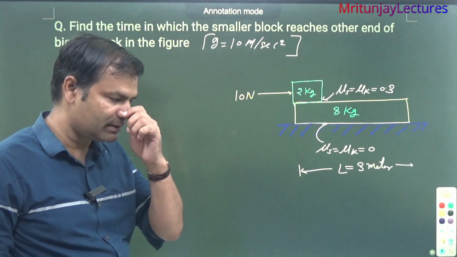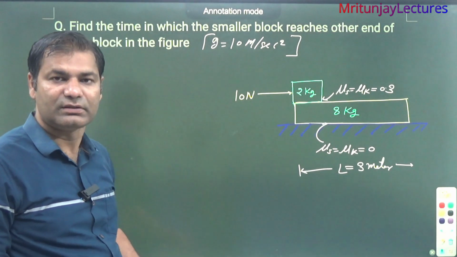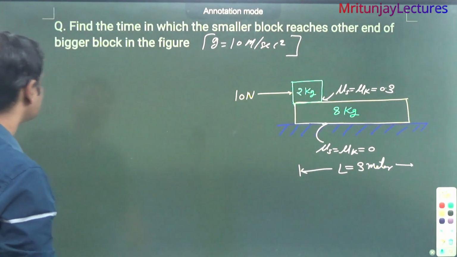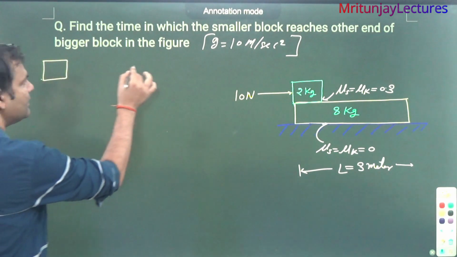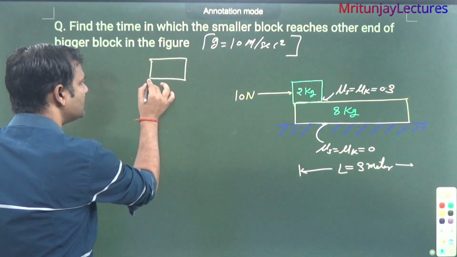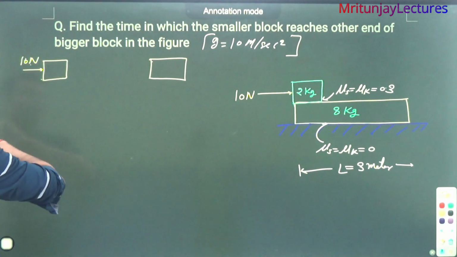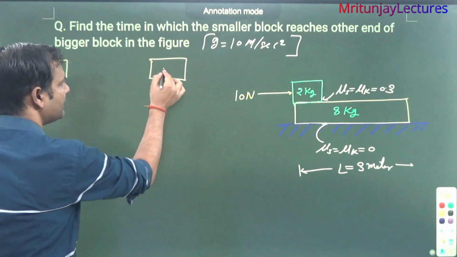So how can we do it? First of all, we take that both are moving with the same acceleration. We first make the free body diagram of the 2 kg block and the 8 kg block, step by step. On the 2 kg block, here 10 Newton is applied. Here is the 8 kg block.